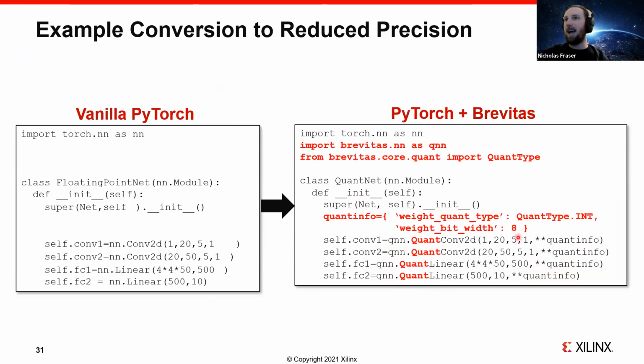Okay, so we can just add some extra parameters that we supply, specifying what sort of quantization type this is, which is the integer type, which is sort of a variant of a generalized fixed point data type with 8 bits, and bam, once we do that, we can train that neural network. All of the other stuff that exists when training a neural network is all the same, but now we're just going to have this extra constraint on the weights.